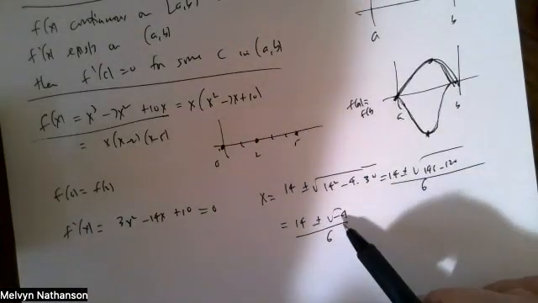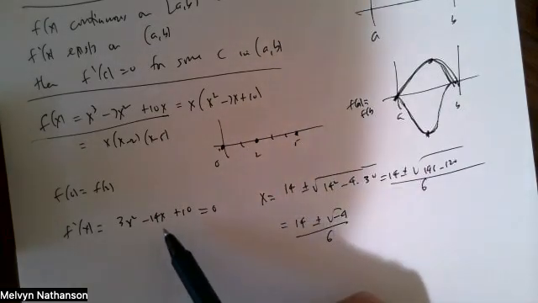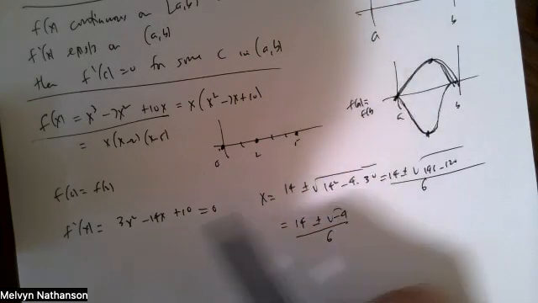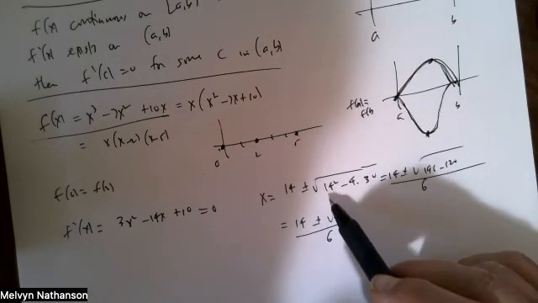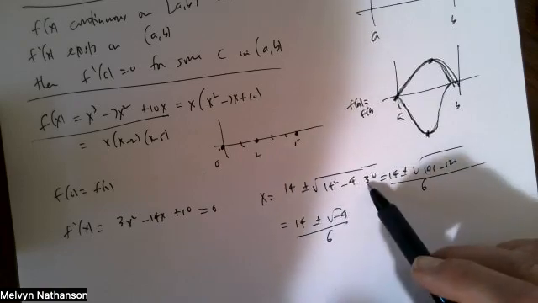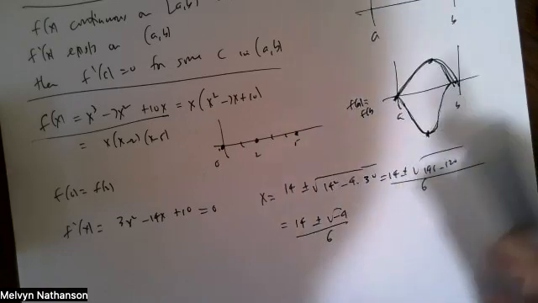I was puzzled why I get a square root of a negative number here. 3x squared minus 14x plus 10. Minus b plus or minus the square root of b squared, that's 196, minus 4ac, 4 times 30, over 6.